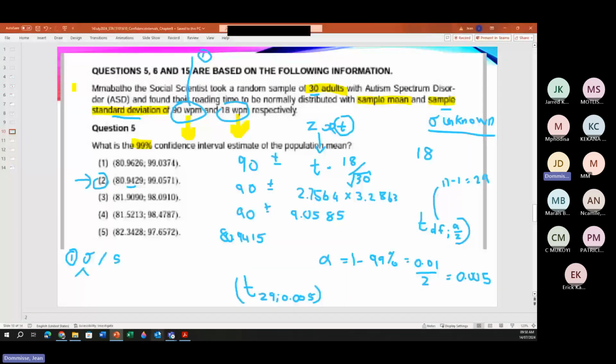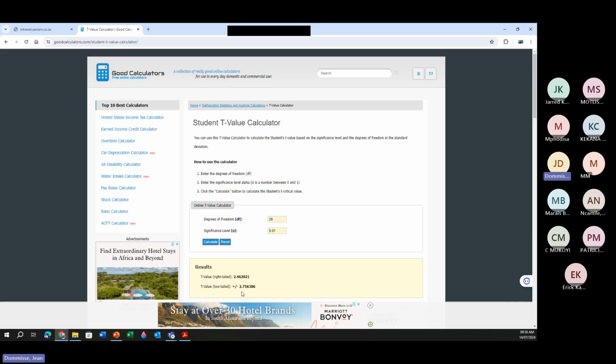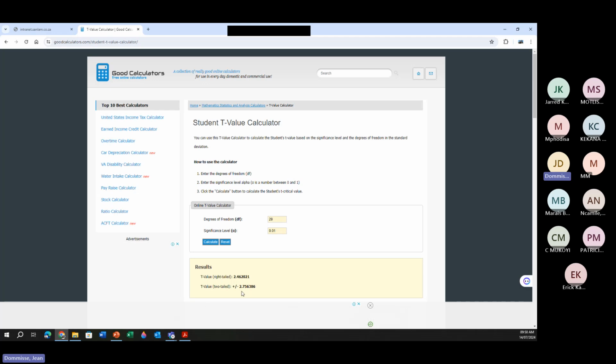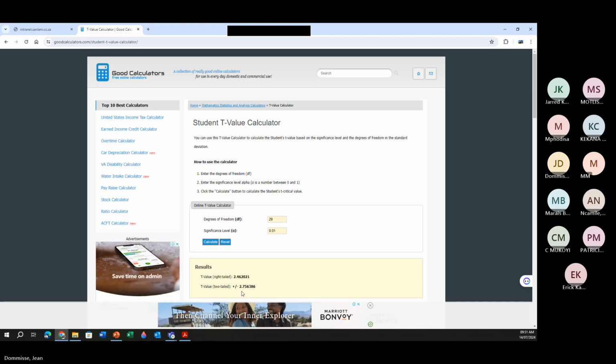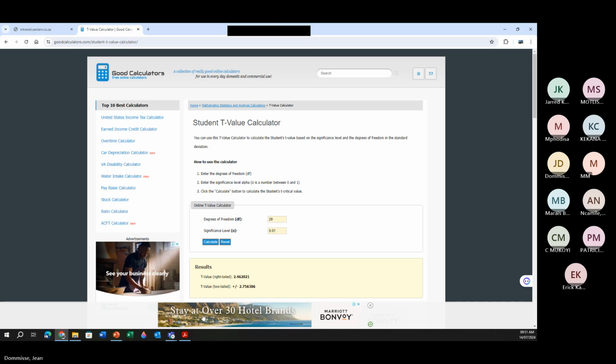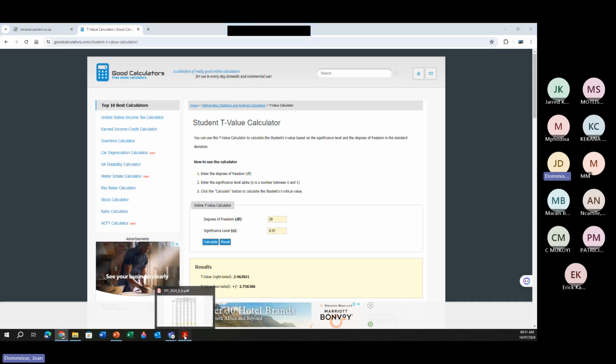Let's just, for interest sake, say 3.2863 times that value, 2.75. It should not be that big a difference.